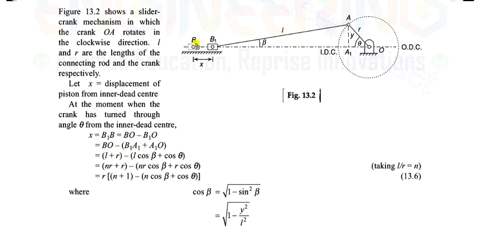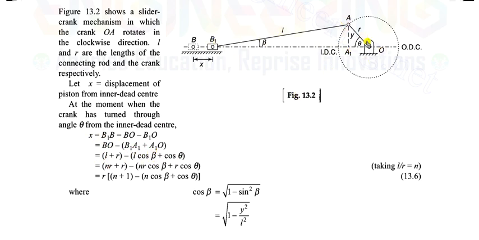So BO is L plus R. How? Because what I said is when theta is equal to 0 degree, this A will be at inner dead center. So this total length is nothing but summation of L plus R, and when theta is equal to 0 or beta is equal to 0, OB is equal to L plus R. So BO is L plus R. Now B1A1, as I explained, is L cos beta.